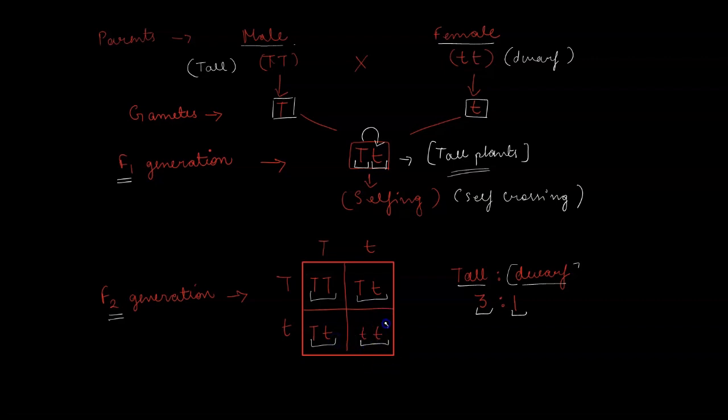Here we can see that one of them is homozygous recessive, that is a dwarf plant, and the rest all three are tall plants, in which one of them is a homozygous dominant tall.